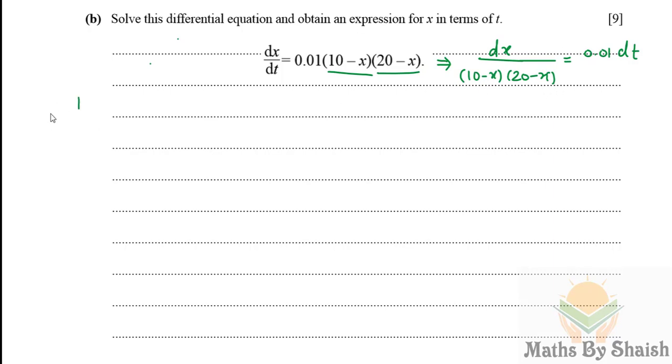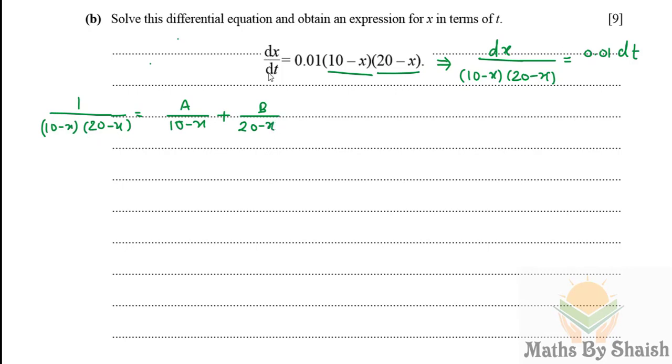So we take 1 / ((10 − x)(20 − x)) = a/(10 − x) + b/(20 − x), because the factors are linear.